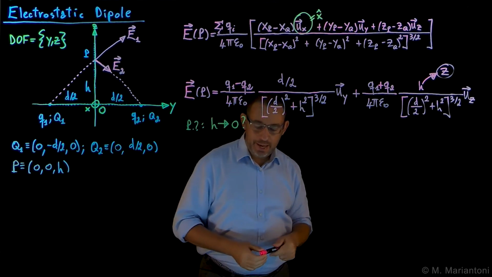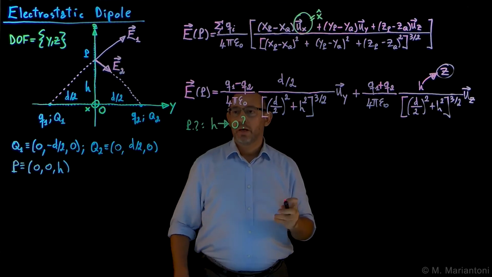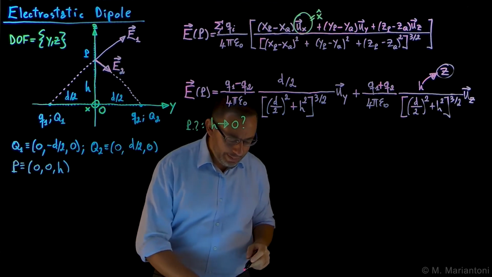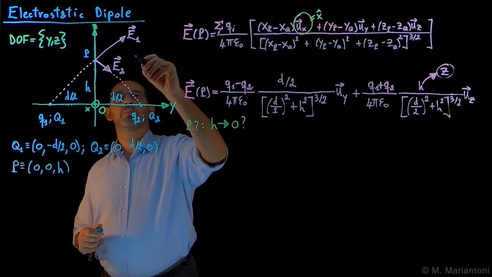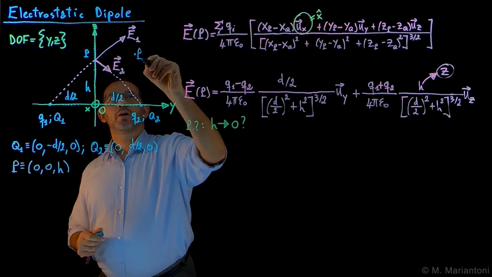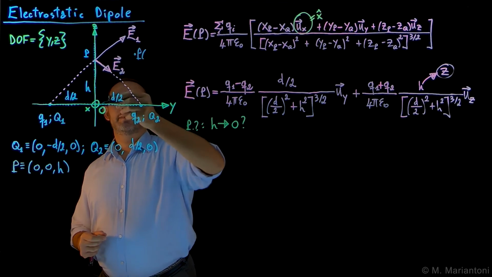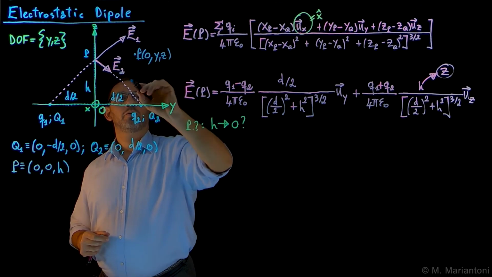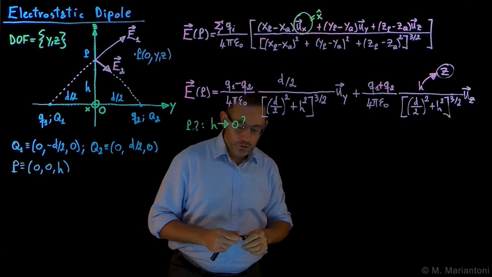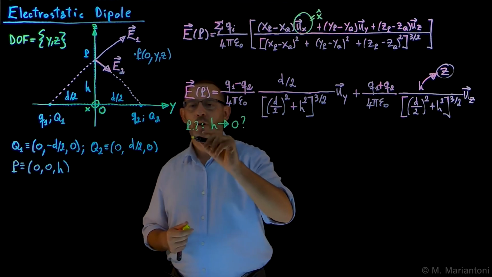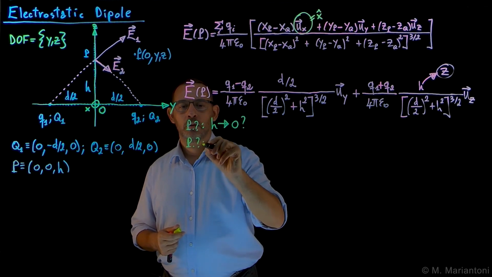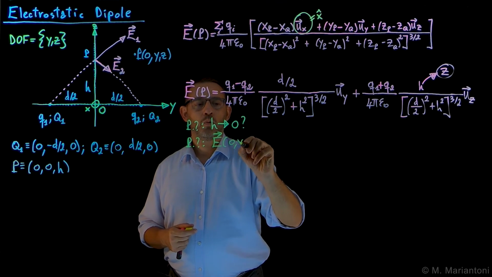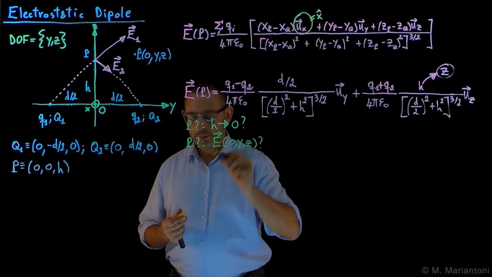The other question I have for you is what happens if instead of considering a point capital P on the z-axis, I consider a point capital P anywhere in space, so that the coordinates of this point are, let's say that x is still 0, so it's still on this plane, y, z. So a generic point in the yz plane. So I want you to compute, this is the second question, E at a generic point (0, y, z).